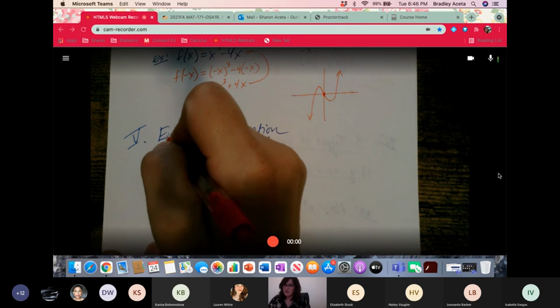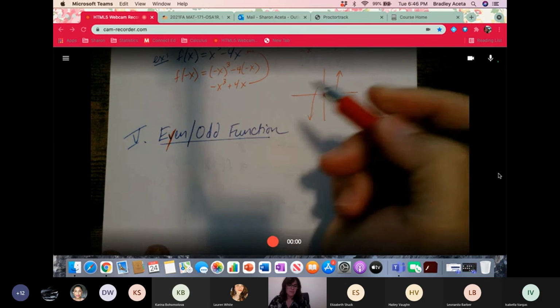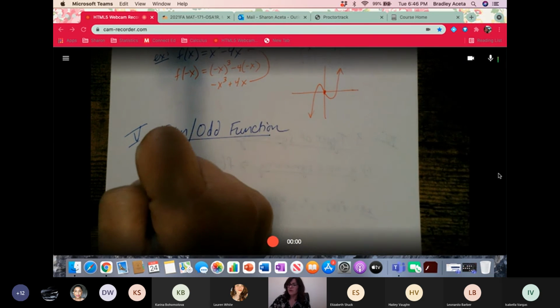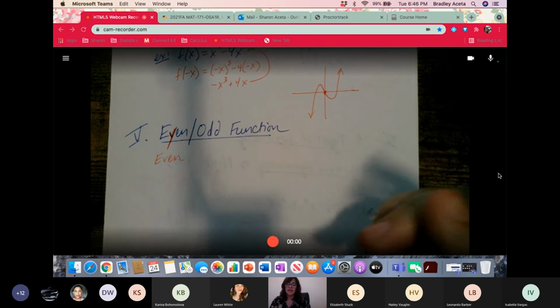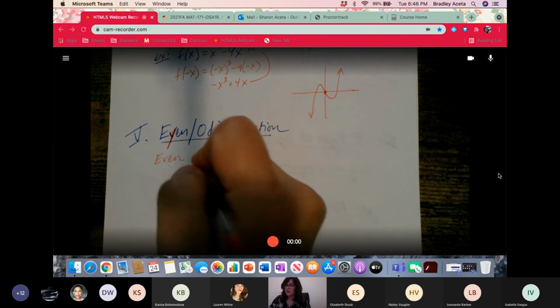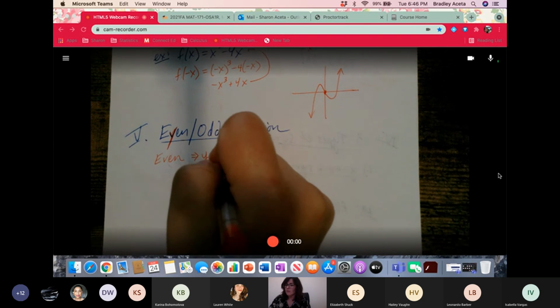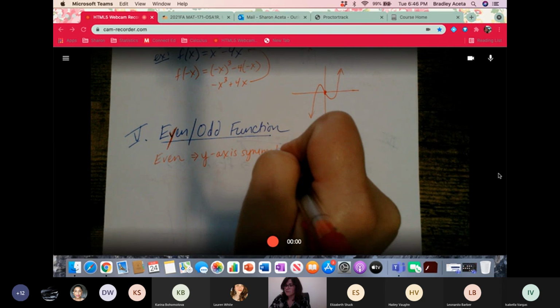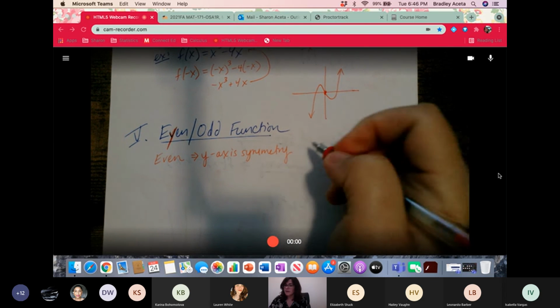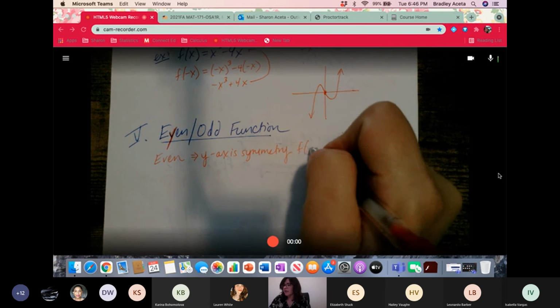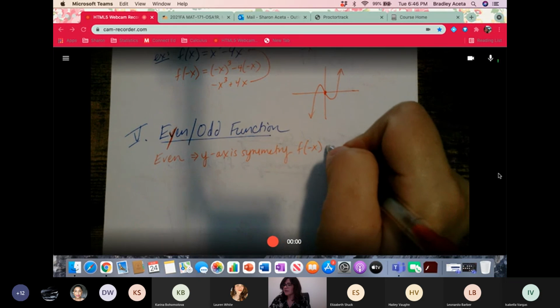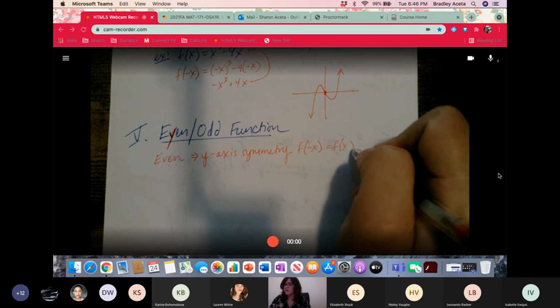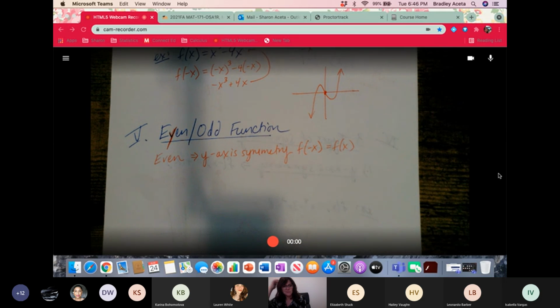Look at the word even and take the V and make it look like a Y. If you are an even function, you have y-axis symmetry. Meaning, again, if you plug a negative x in, you get out the original function.